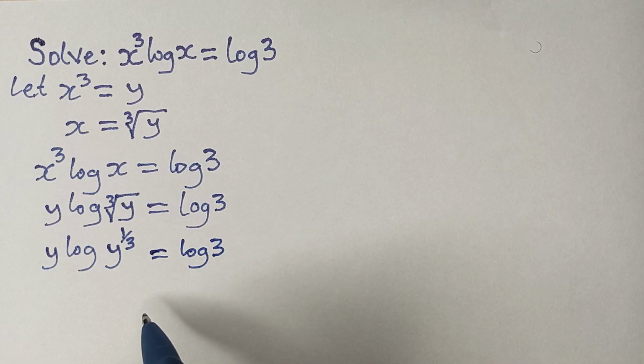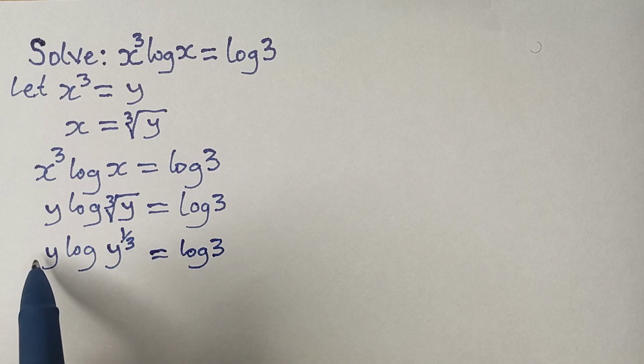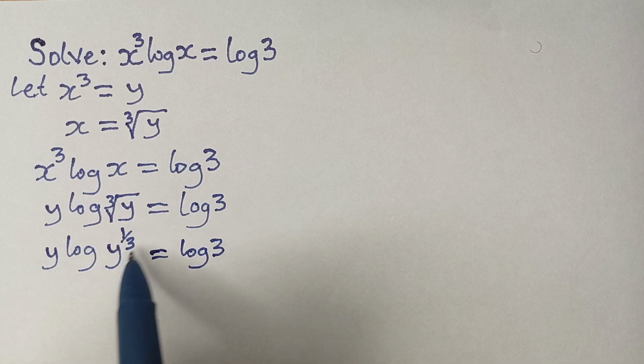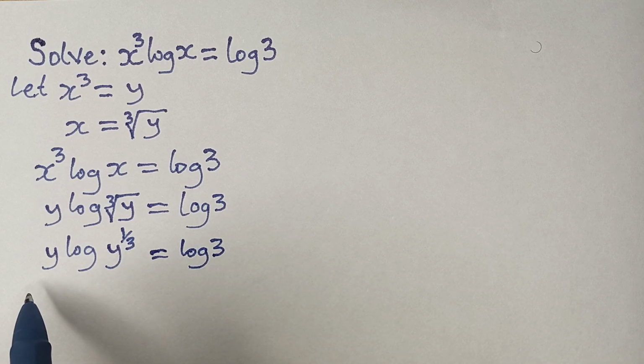Now, if we go further, we can bring this power, which is 1 over 3, and use it to multiply the left-hand side of the logarithm. So this power can come to the left-hand side to multiply the log of y. So I can simply bring the 1 over 3 here.